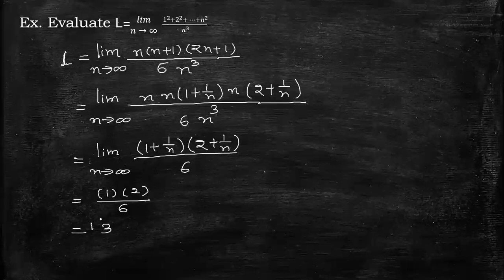Sorry, this is 1 by 3. 1 by 3 is the answer. So this is the simplest problem on limits. Fortunately, there are some students who have solved it correctly in FE4 as well as FE6. So you can take a screenshot so that I can move quickly for the next problem.